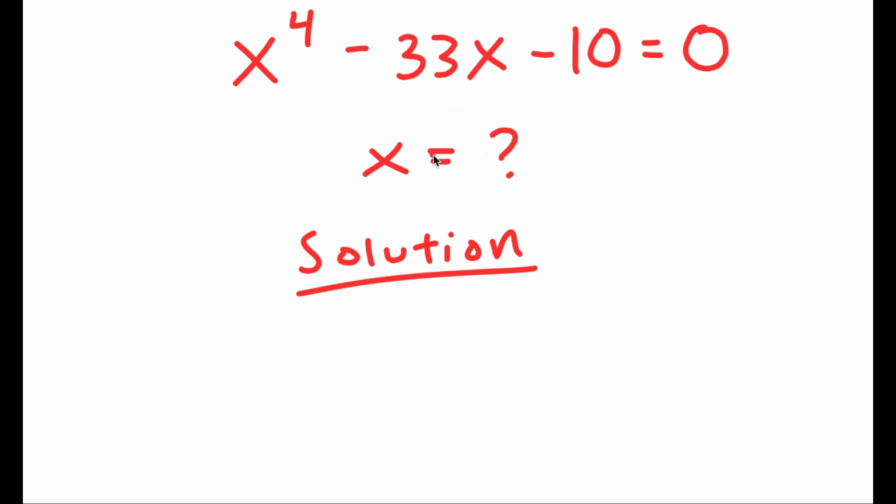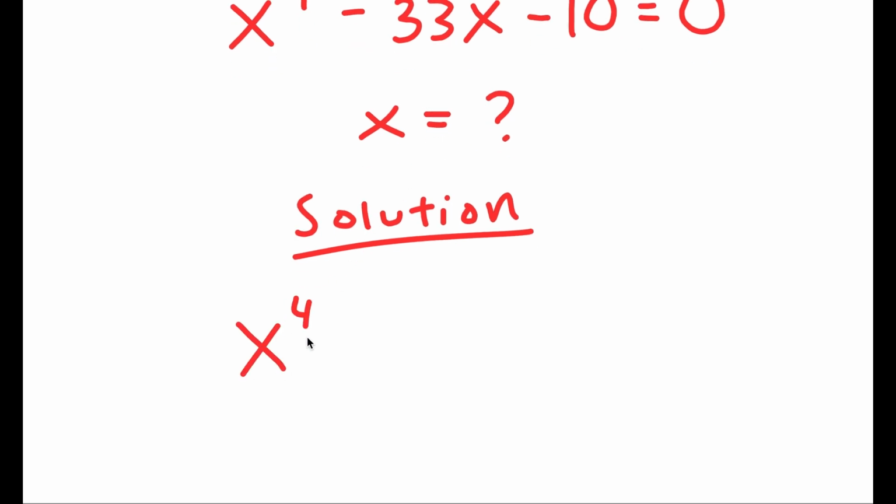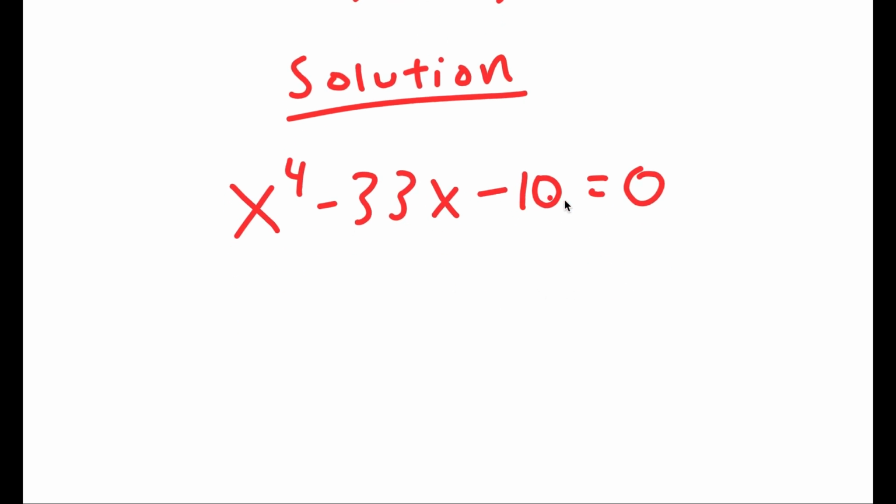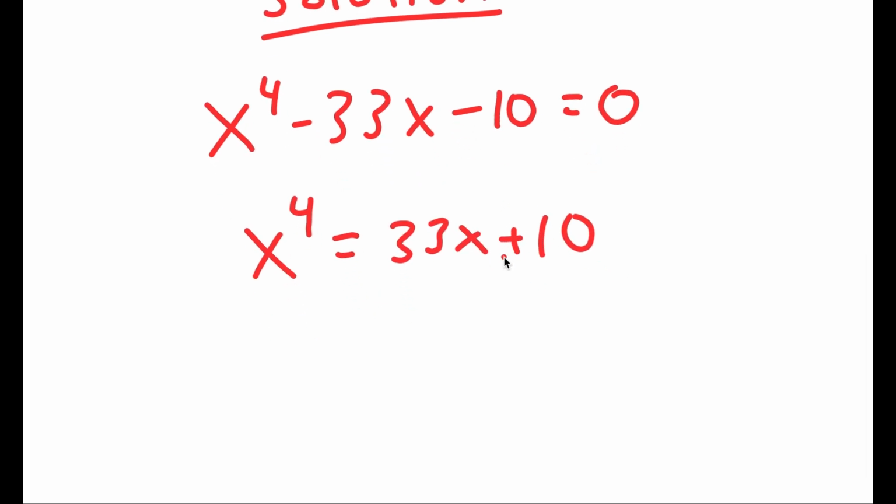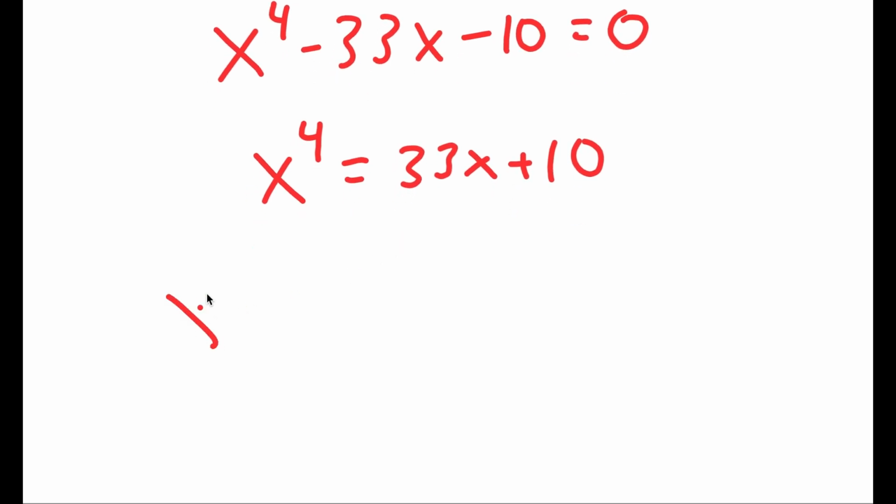So what I'm first going to do, let me rewrite my equation down here real quick. I'm going to add 33x and 10 on both sides. So now I have x to the power of 4 is equal to 33x plus 10. And now, I'm going to add ax squared plus b on both sides.